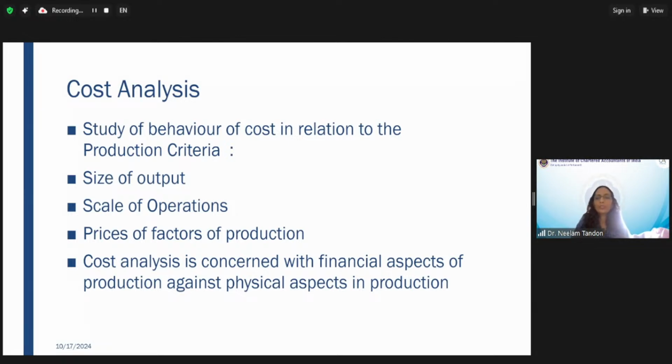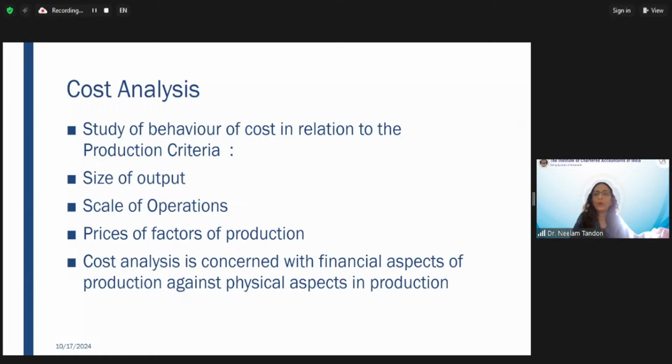But when we talk about cost, we always talk in terms of financials. Because हर एक चीज का price होता है. There's a price involved. And when we talk about price, it is from the financial perspective. So cost is always from the financial aspect, but production is always from the physical aspect. So when you talk about production, we always connect with physical factors. कितना production हुआ, how much is the output.